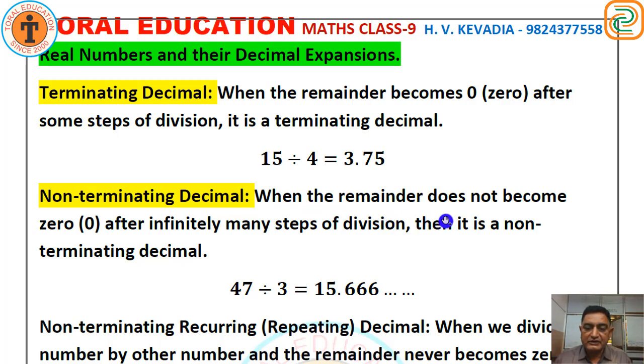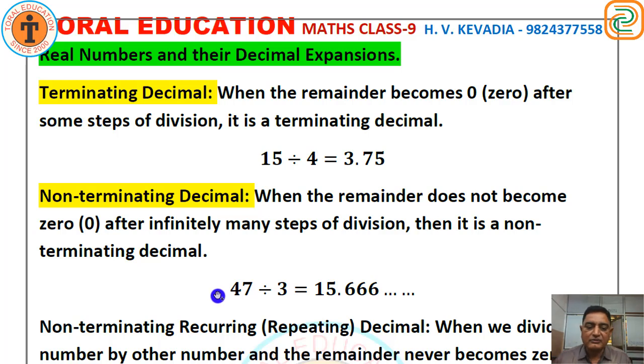When the remainder does not become 0 after infinitely many steps of division, then it is a non-terminating decimal.